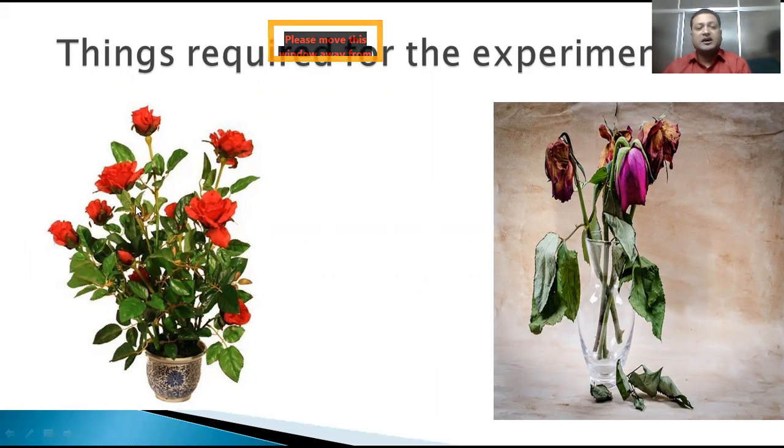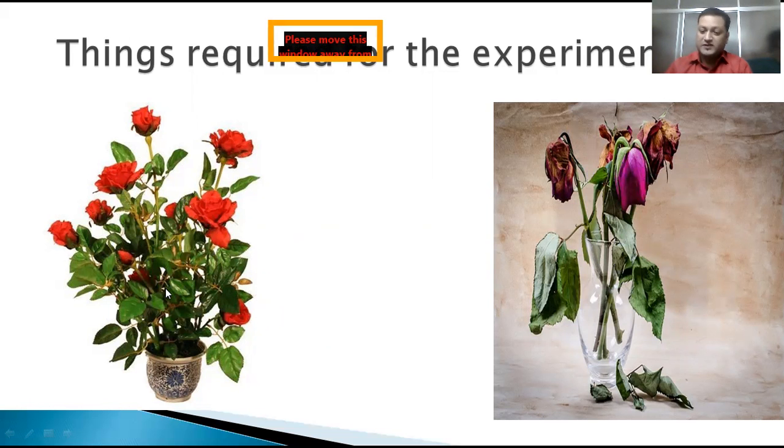One is the fresh flower, another is dry, it just became a dead flower. Why is it a fresh flower? Because all the commodities are given here, and this is why it is not fresh. I will not say the reason. At the end of the experiment, we will easily find the reason it is a dry flower and the reason it is a fresh flower.